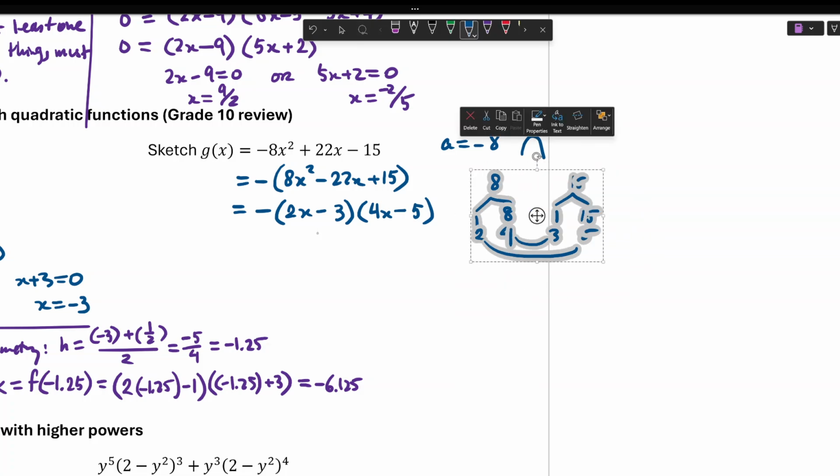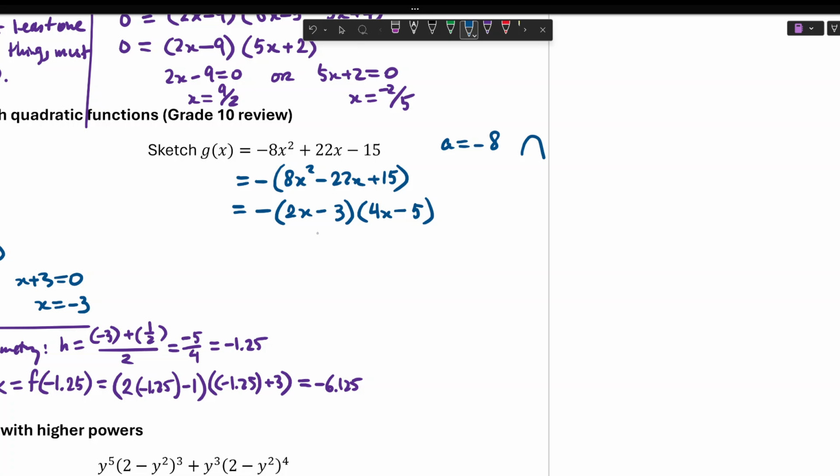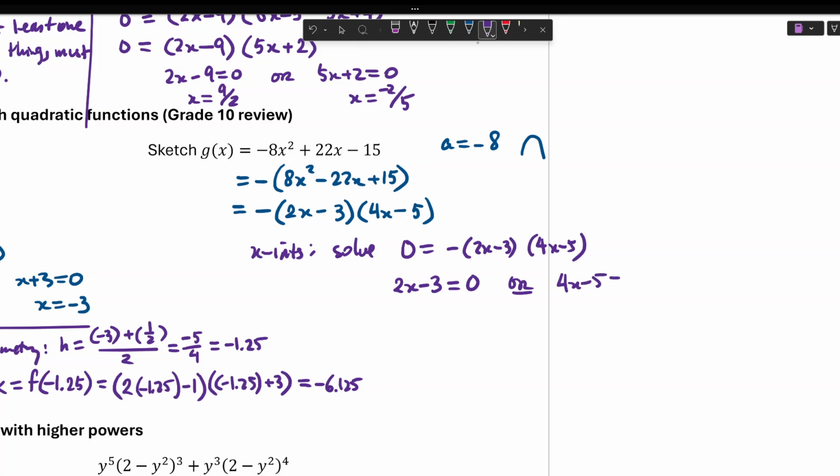Okay. So now that we have our factorization, we know that for the x-intercepts we need to solve when this thing is equal to 0. So that means 2x - 3 should be equal to 0, or possibly 4x - 5 is equal to 0.